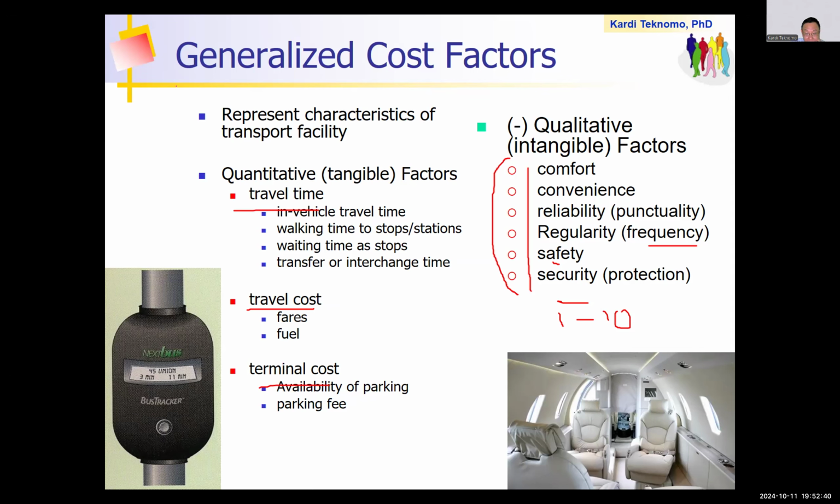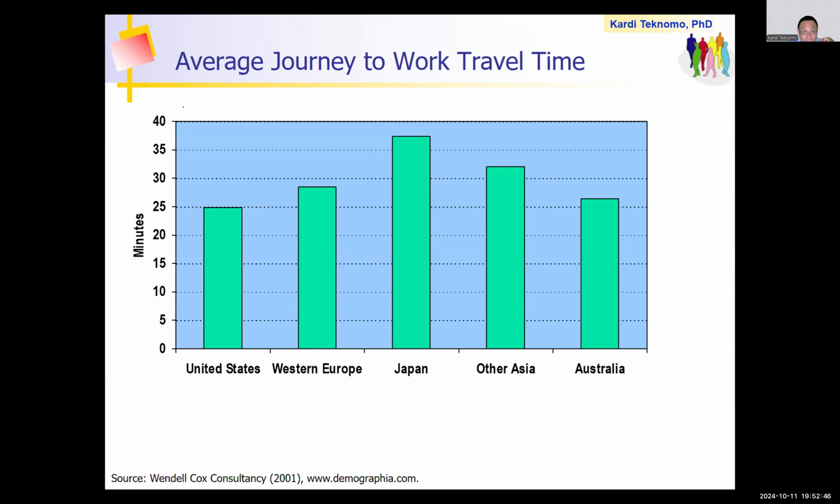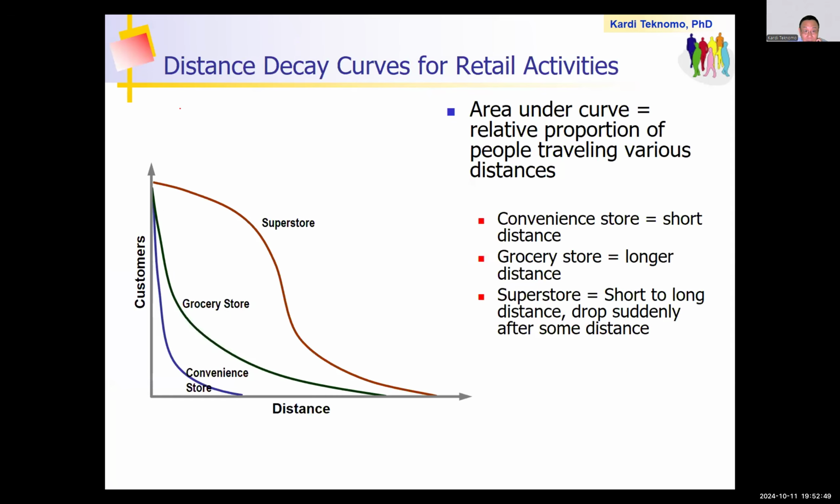Once you have the generalized cost, in this example I put it as distance, and this represents customers of a certain commercial area.